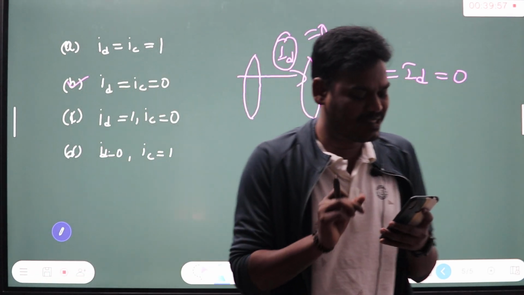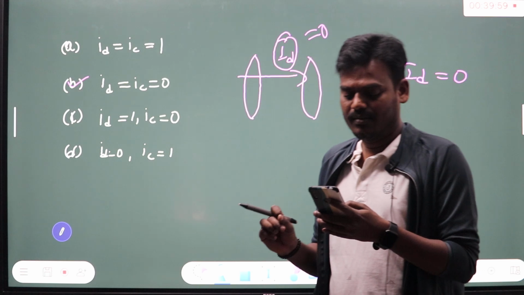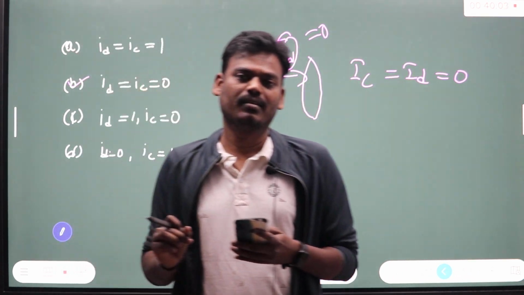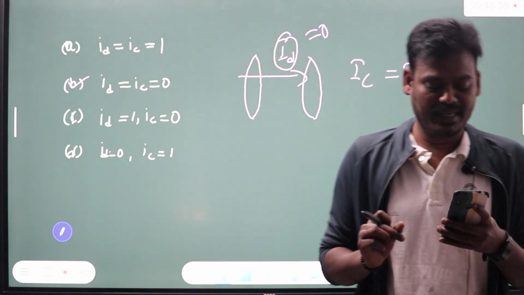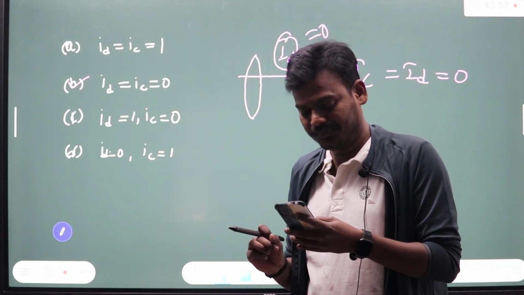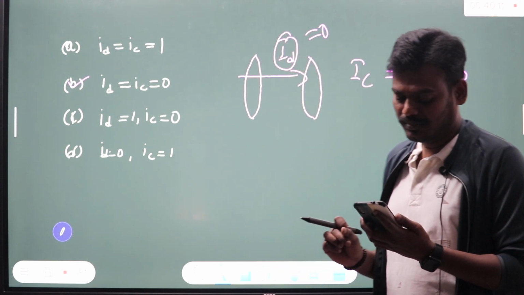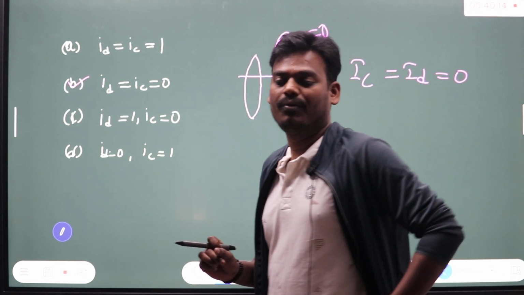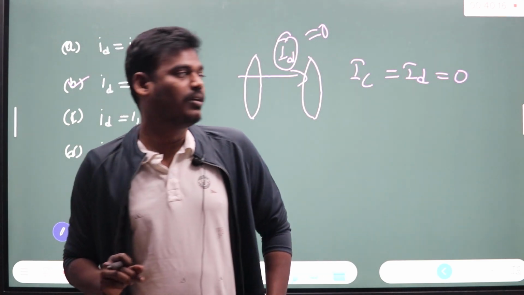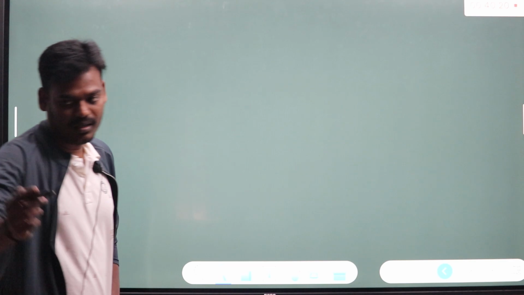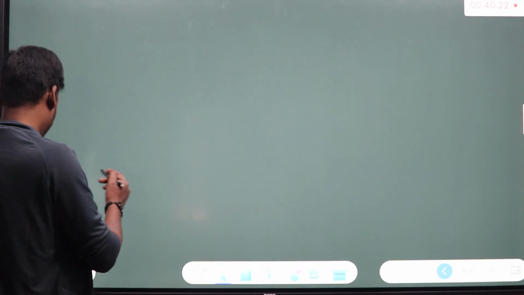When the capacitor is 50% charged, the peak value of displacement current is... So, can you tell me what data they have given? Okay, options, first tell me the data.